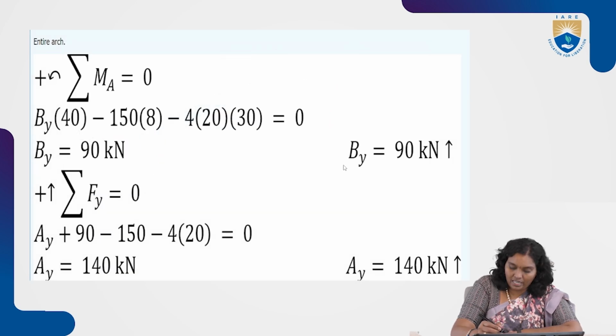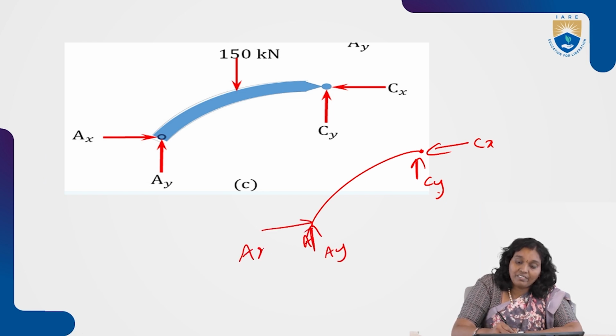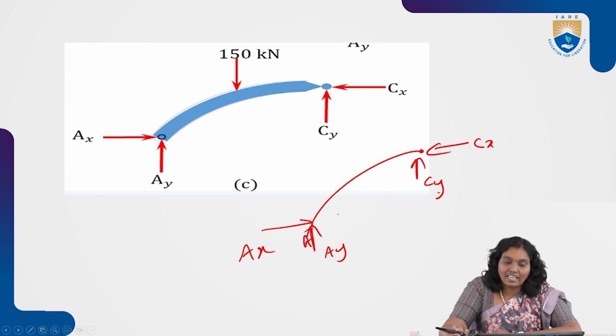At C, we have Cx and Cy. We are considering the left side portion, that's why we draw it like this. Previously we considered the right hand side, so there the reactions were different.